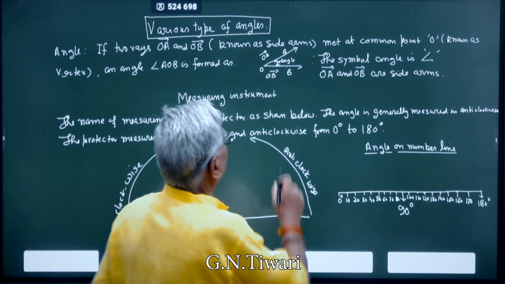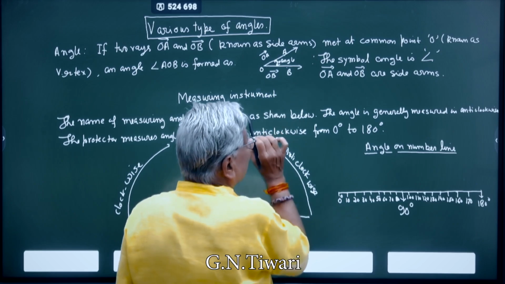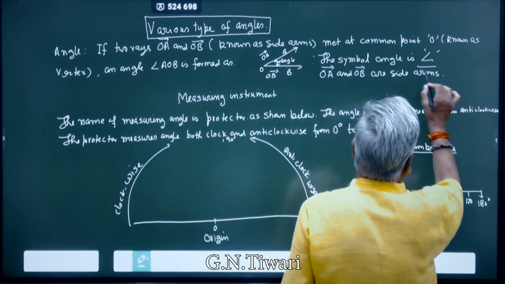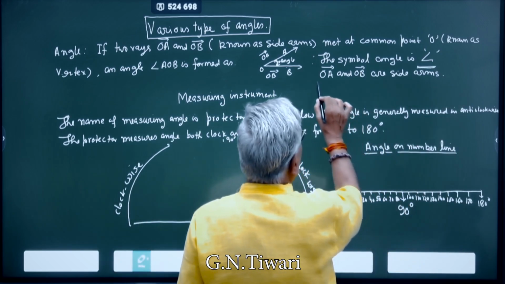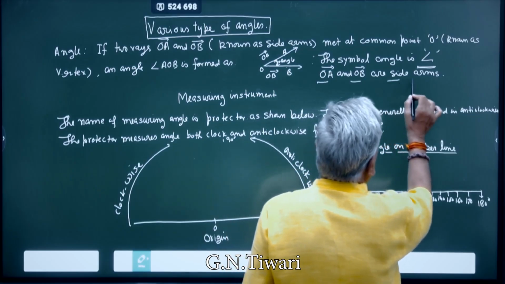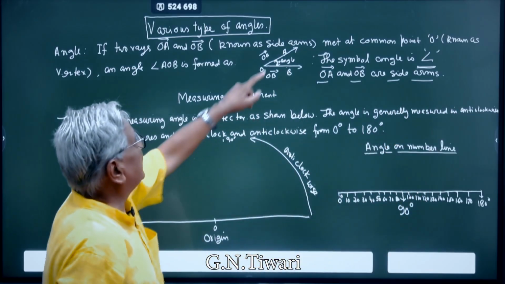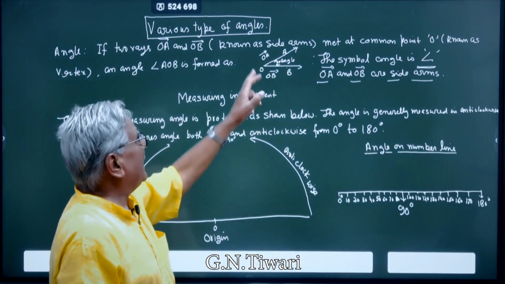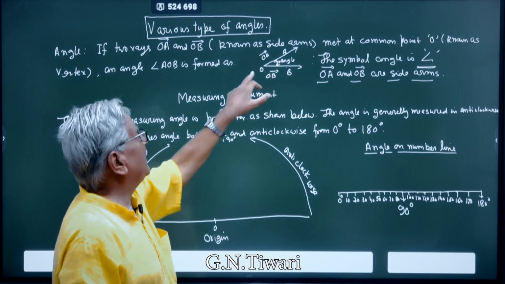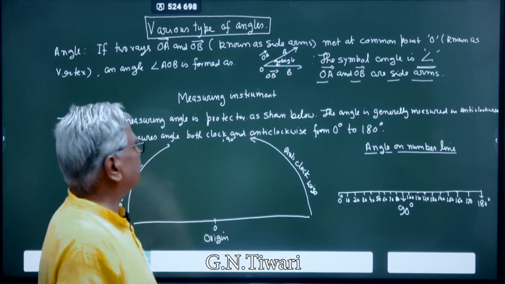This is the angle AOB, and the symbol is this, and OA and OB are the side arms. Very, very important that these two rays are the side arms, and the angle between them is the angle AOB.